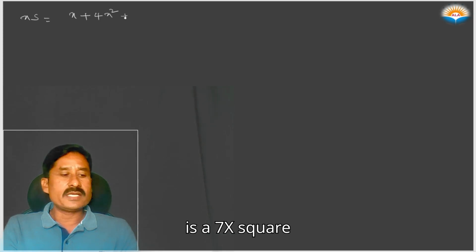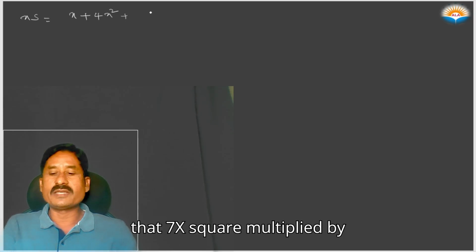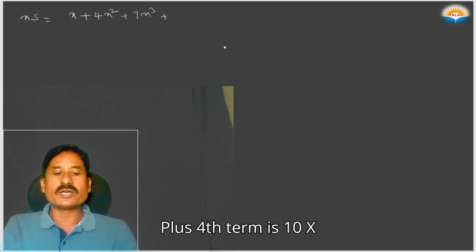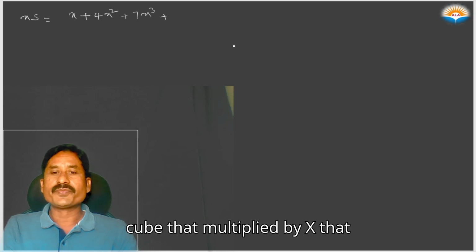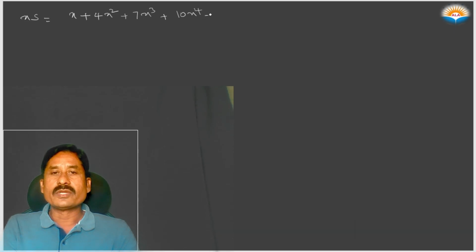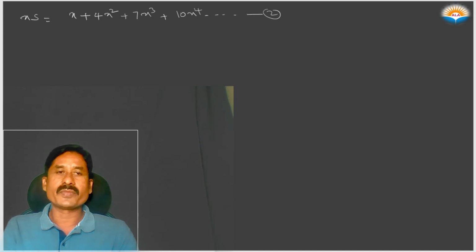The third term is 7x square, multiplied by x, that becomes 7x cube. The fourth term is 10x cube, multiplied by x, that becomes 10x to the power of 4. This is equation number 2.